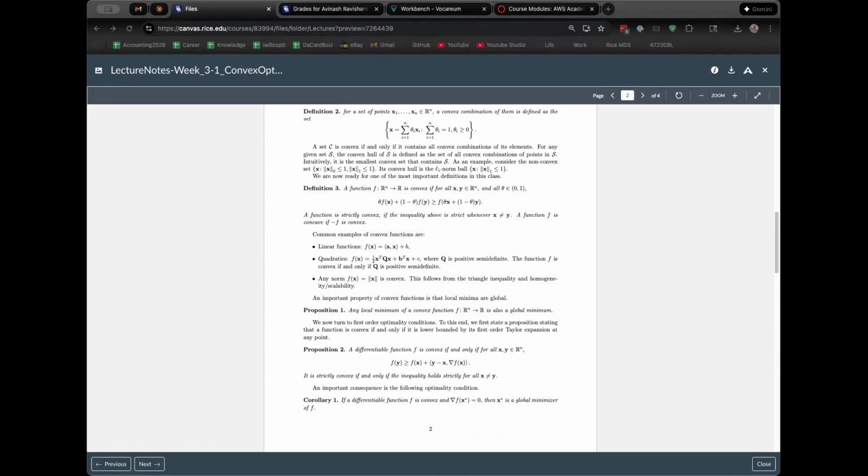Under any norm, if you define a set of all points with norm less than or equal to some constant r, that's called a ball for that norm. For the two norm, if you define norm of x less than or equal to r, that's a ball of radius r. You agree to that?